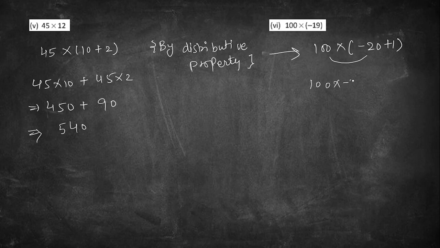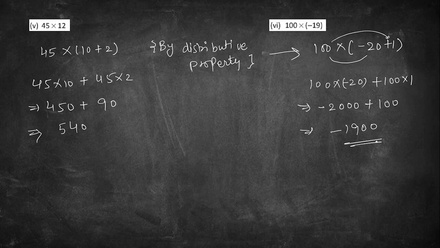Now 100 into minus 20 will give you minus 2000. Plus 100 into 1 will give you 100. So minus 2000 plus 100 will give you minus 1900. Right? So like this we will solve.